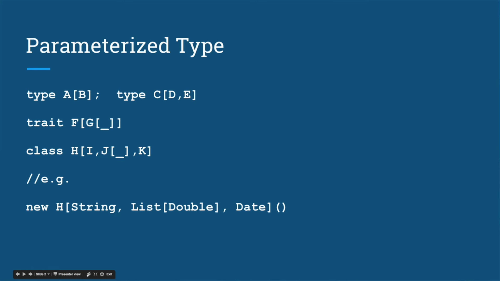So if you write in Scala, you know you have parameterized types, right? A type can have one parameter, two parameters. It can have a weird parameter which is also parameterized, and so on. So this way you can pass any parameter to your type, and suddenly your type is not exactly a type.